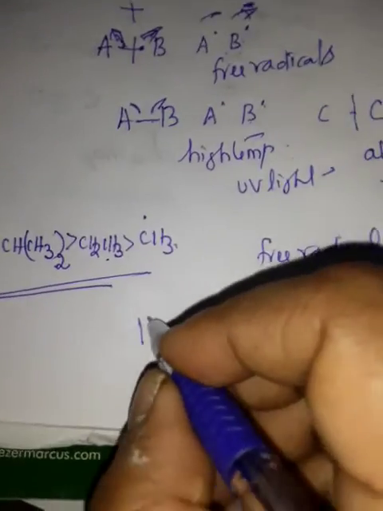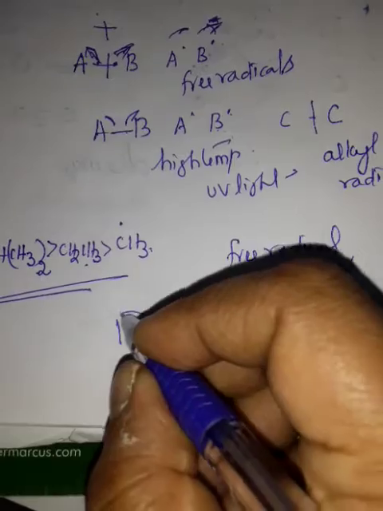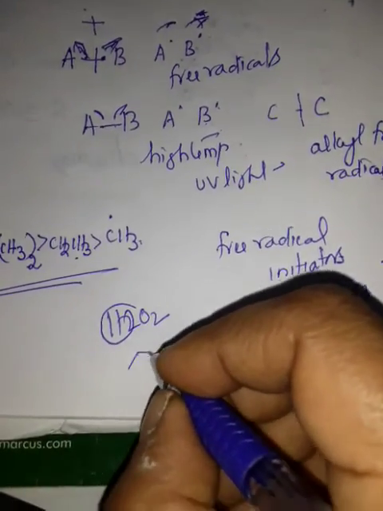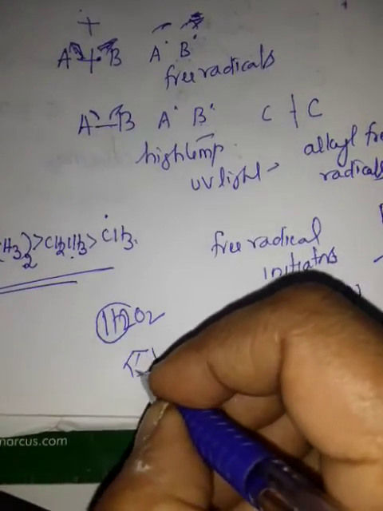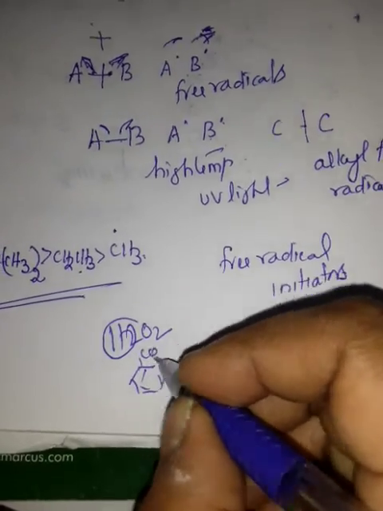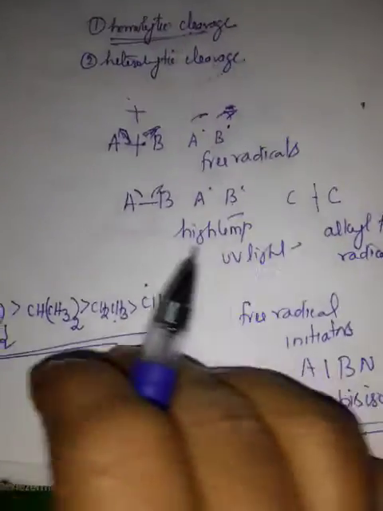Peroxide formula H2O2: instead of H, one benzene ring and a CO group, that is benzoyl.